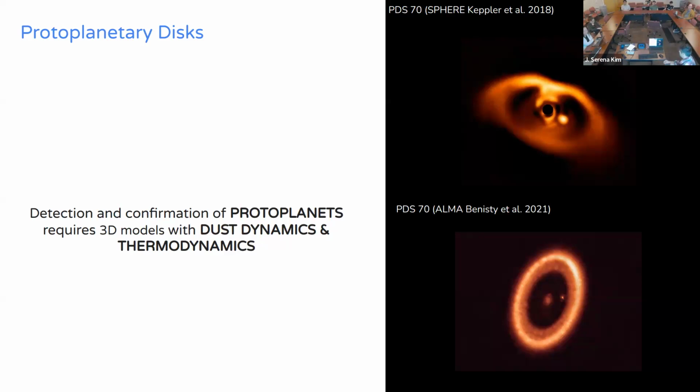This is perhaps the most interesting candidate so far, PDS 70. These are two observations of the system in different wavelengths, and there's clearly a signal. And I think with certain confidence, there is an agreement in the planet formation community that there are one or two planets in this system. But aside from PDS 70, we don't have confirmation of protoplanets in the other cases. So why?